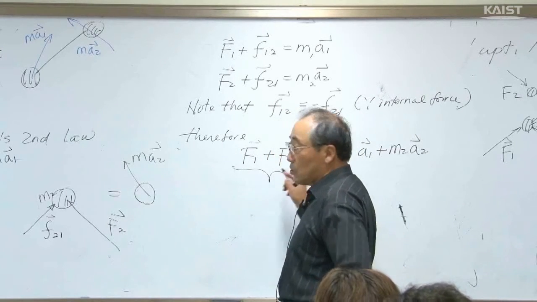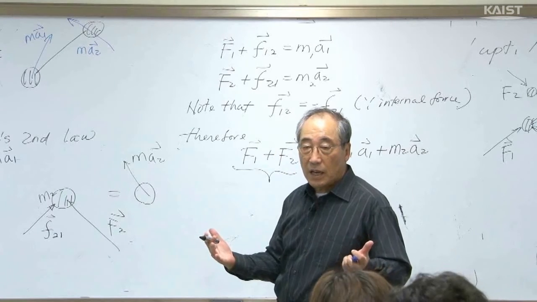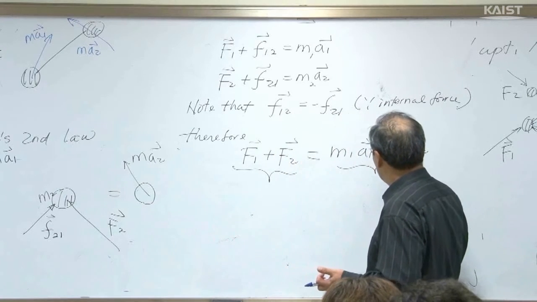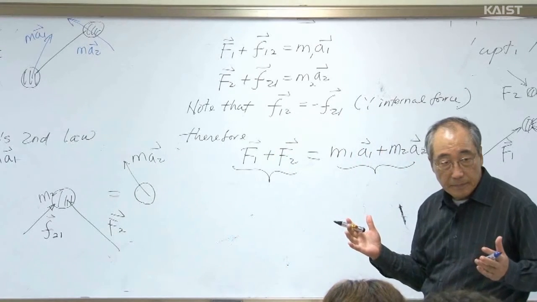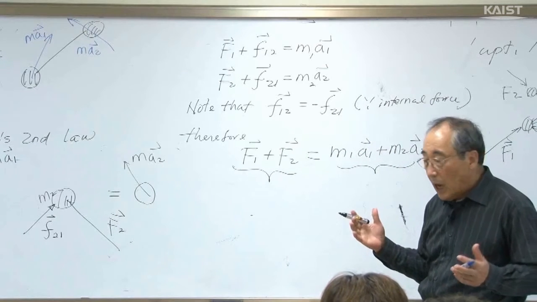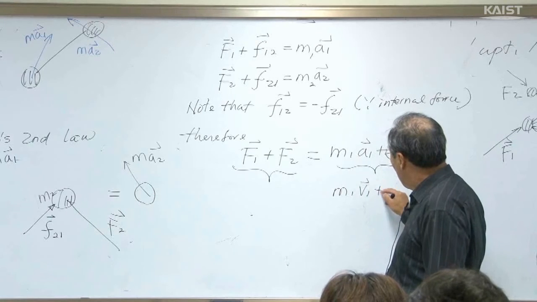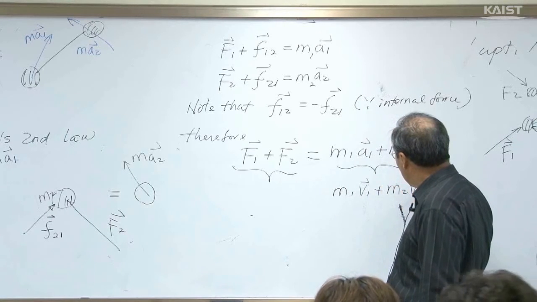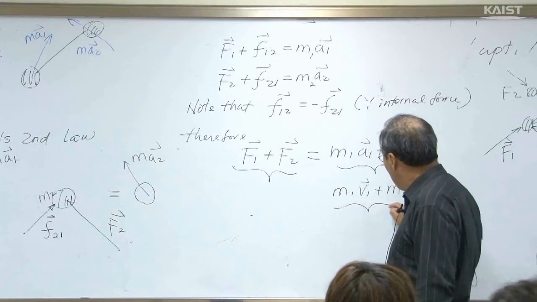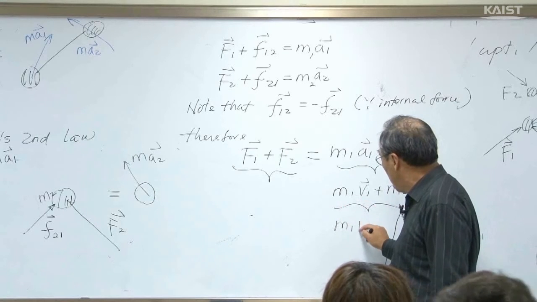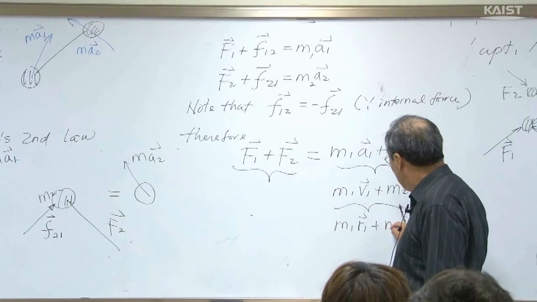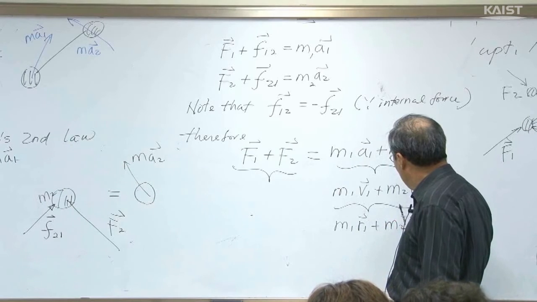This is the total external force vector. And what is this? How is this related with m1 v1 and m2 v2, and how is this related with m1 r1 plus m2 r2 vector.